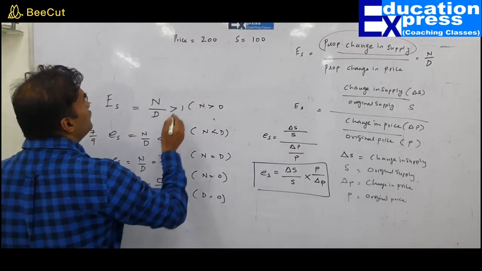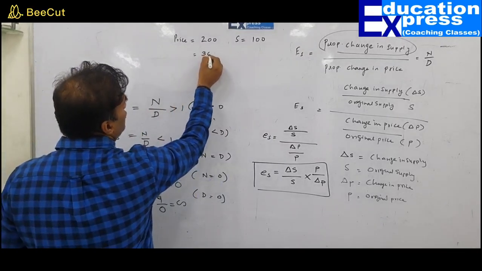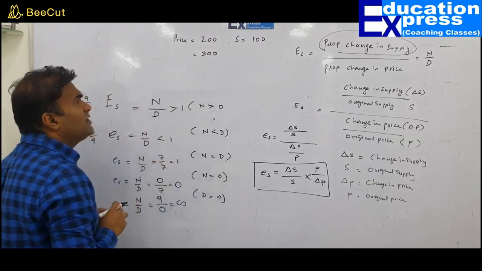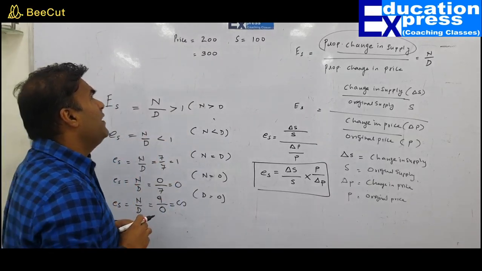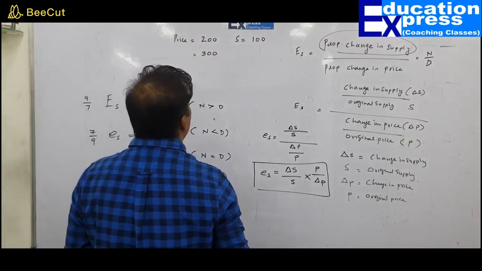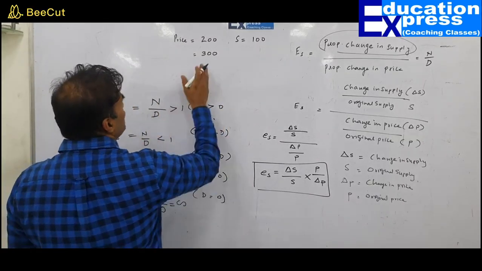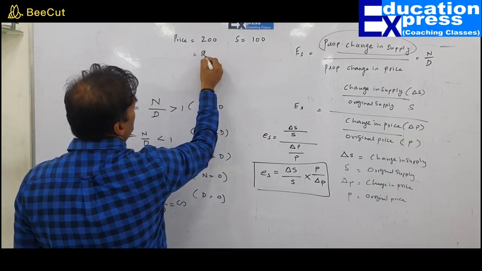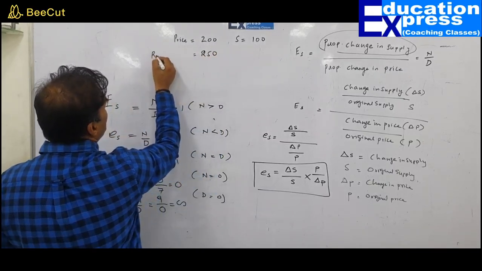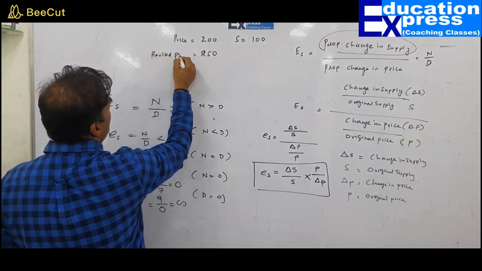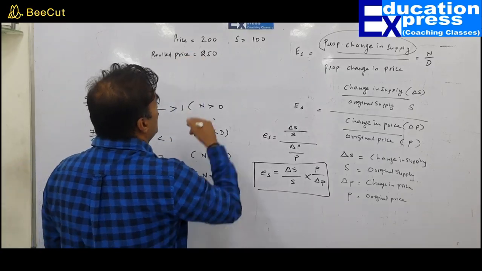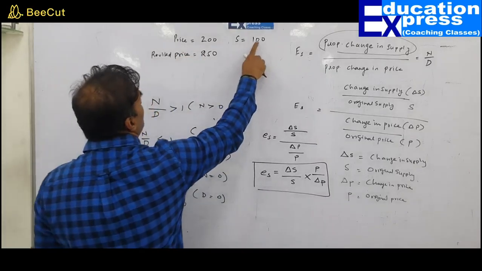Now, if the price goes up from 200 to 300, producers will be very excited and they would wish to supply more and more pizzas because their margins will definitely go high. So I am assuming that earlier the price was 200, the revised price is 250. Earlier I used to sell 100 pizzas.